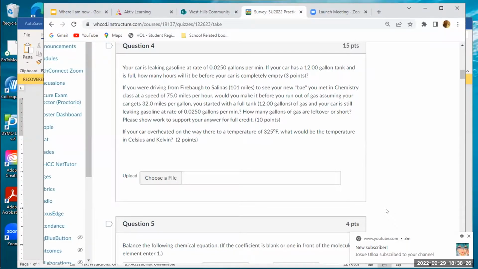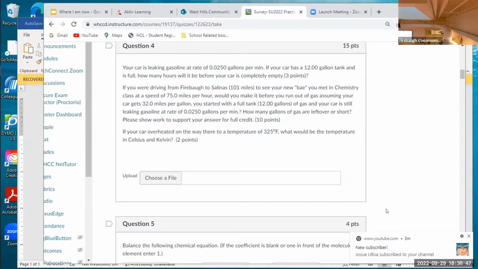The 1 point. Well, we know the total miles, so this is all gallons, right? So how many gallons are we going to use? How do I figure that out?